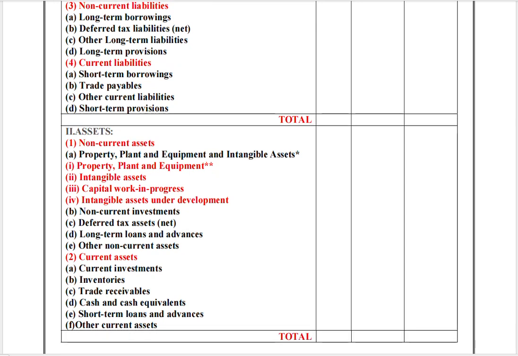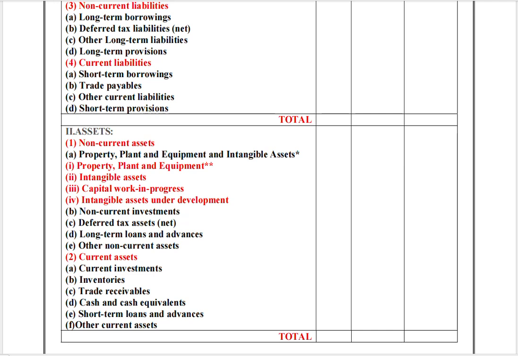Non-current assets have five subheadings, out of which subheading A has four subcomponents also. So non-current assets, everyone knows what they are: the assets which are there in the business for a longer period of time.